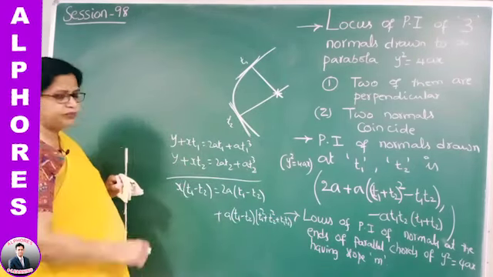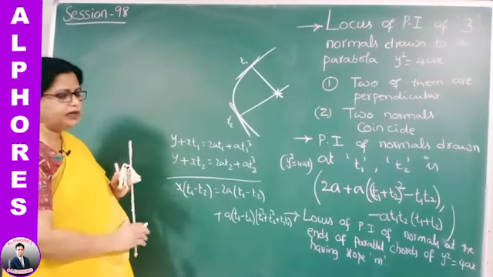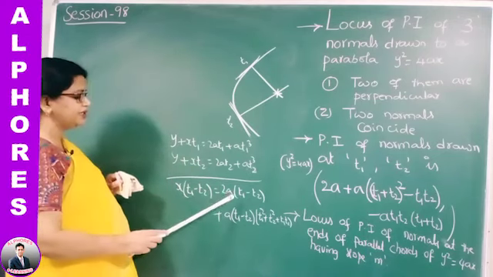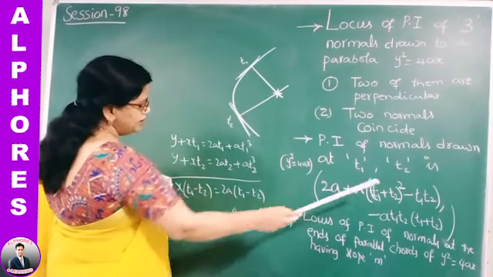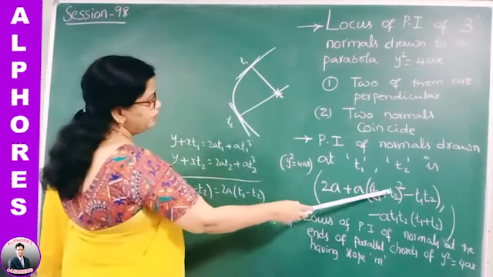Now cancel t1 minus t2 throughout, then x is 2a plus a into this entire value, but we wrote this value as t1 plus t2 whole square minus t1 t2.